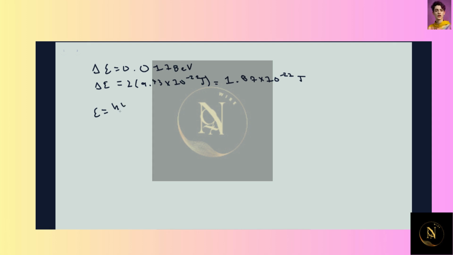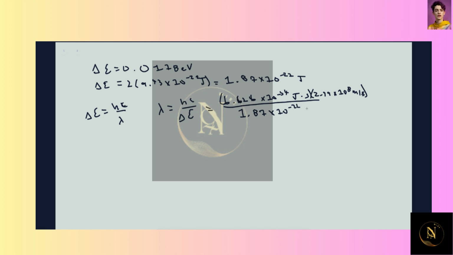So E is equal to hc over lambda, or since we want to solve for the wavelength of the photon, lambda is equal to hc over delta E, which is equal to 6.626 times 10 to the minus 34 joule seconds times the speed of light, c, which is 2.99 times 10 to the 8th meters per second, divided by your energy here, delta E, 1.87 times 10 to the minus 21 joules.